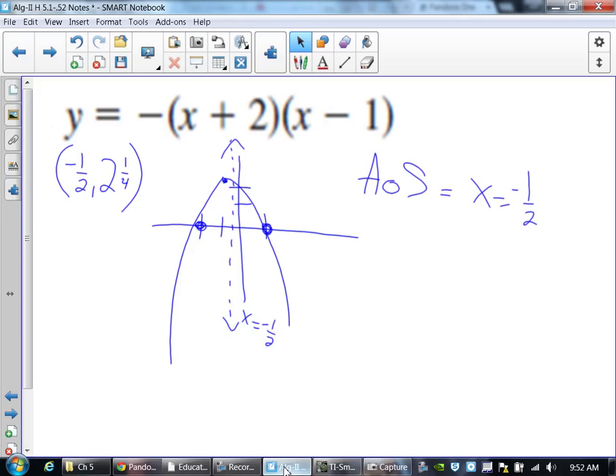I know all the way through 12. No calculators.